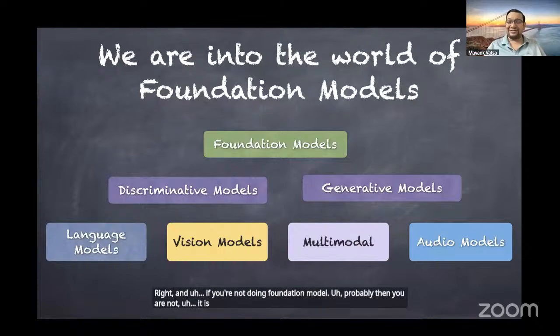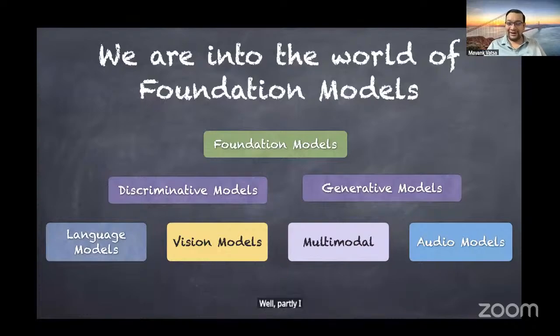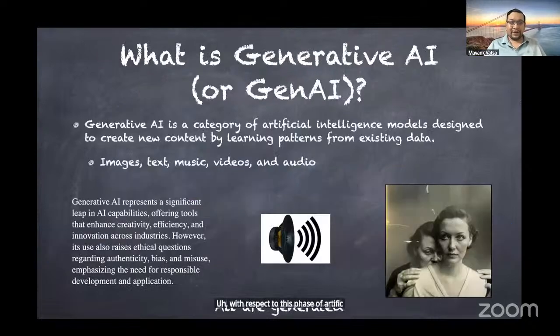It is said in the community that if you're not doing foundation models, then you are not in the exciting phase of research. While partly I agree and partly I don't agree with that statement, that's how engrossed we are in developing, using, and touching the lives of billions of people with this phase of artificial intelligence.